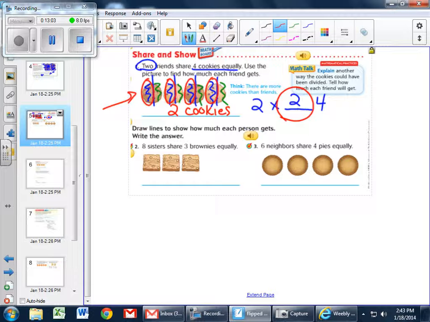Try to figure out how you're going to draw lines to share those brownies equally. And then draw lines to show how those neighbors are going to share those pies equally.